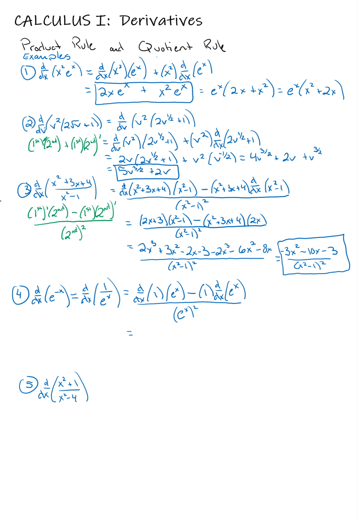All right, well, let's take a look at these. Let's see, the derivative of 1 is just 0, and then times e to the x, minus 1 times the derivative of e to the x there in the back, which is simply e to the x, over e to the x squared. All right, well, of course, 0 times e to the x, that term goes away, and so we have negative e to the x over e to the x quantity squared.